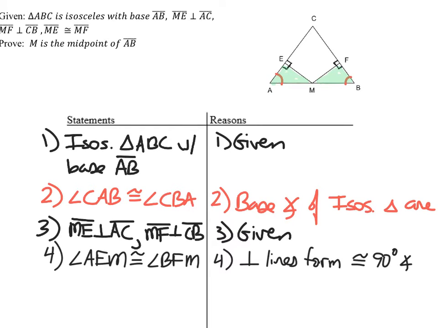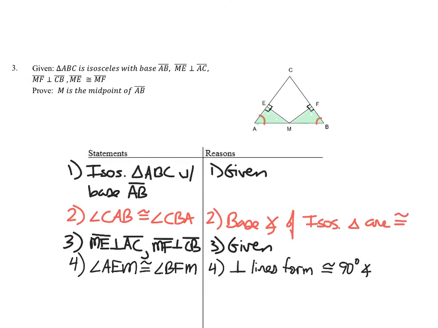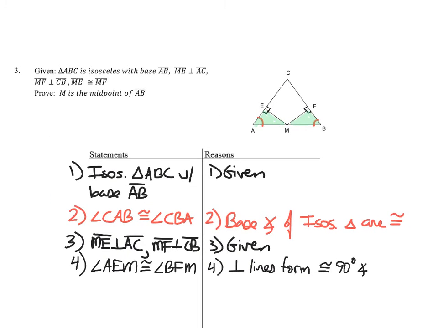All right, so then they flat out tell us that ME and MF are congruent. So that's not, I was about to write a 4. ME congruent to MF. Given.